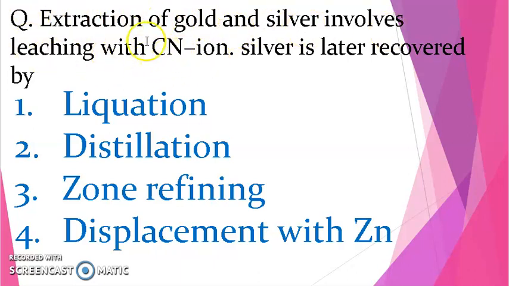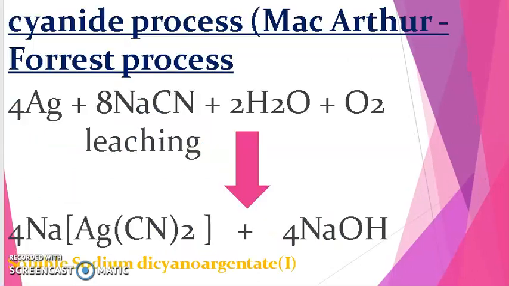Leaching with CN minus ion means KCN or NaCN, that particular compound we have to take for this reaction. The question belongs to the cyanide process. In that reaction, silver and gold are extracted through NaCN.